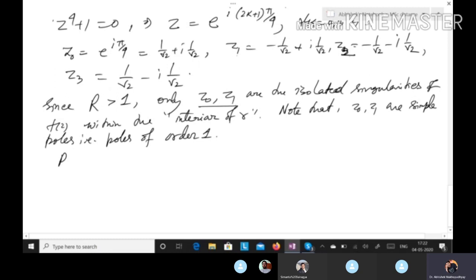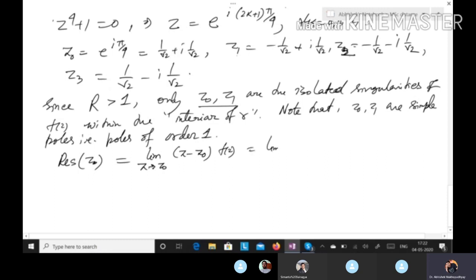The residue at z0 is the limit as z tends to z0 of (z minus z0) f(z).